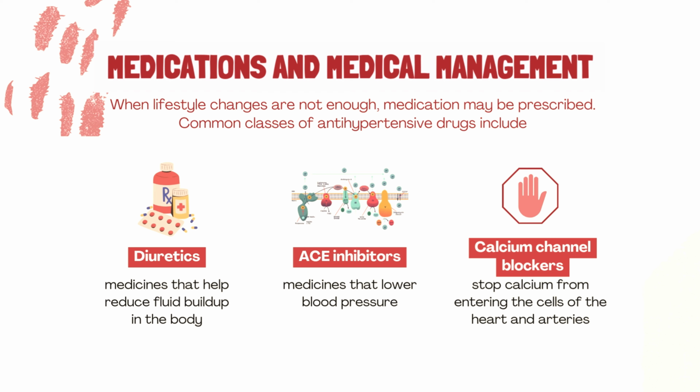Common classes of antihypertensive drugs include diuretics, medications that reduce fluid buildup in the body; ACE inhibitors, medicines that lower blood pressure; and calcium channel blockers, which stop calcium from entering the cells of the heart and arteries. So these are certain medications and medical management for hypertension.